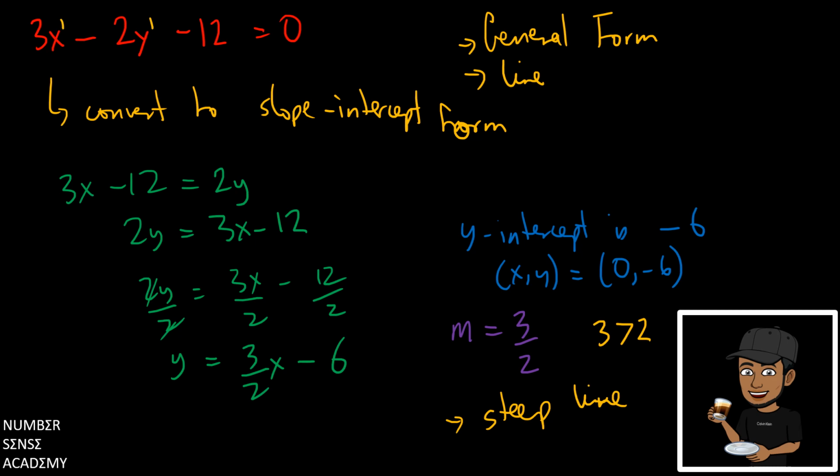Also, this 3 over 2 is positive, so it slopes up to the right. So I'm able to deduce all those things: the direction, the steepness, and where it crosses the y-axis.